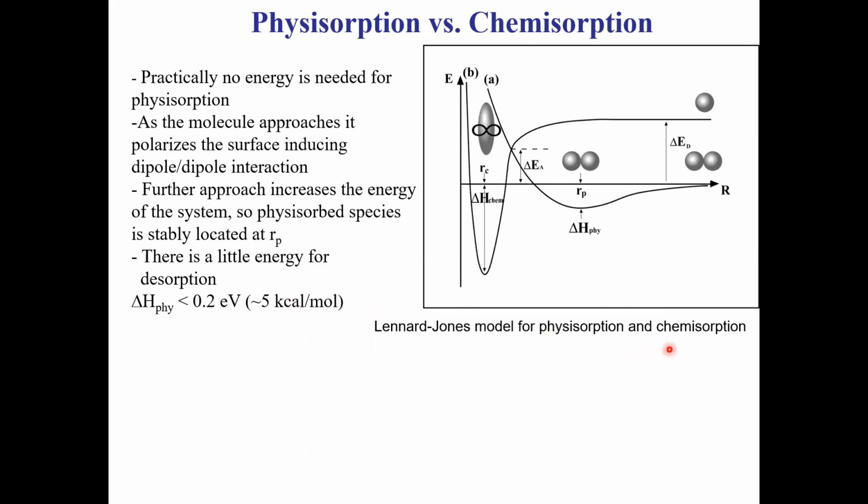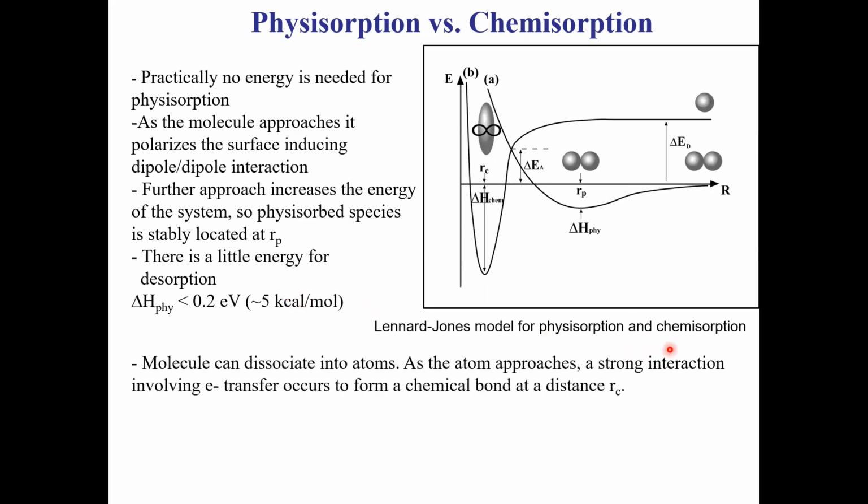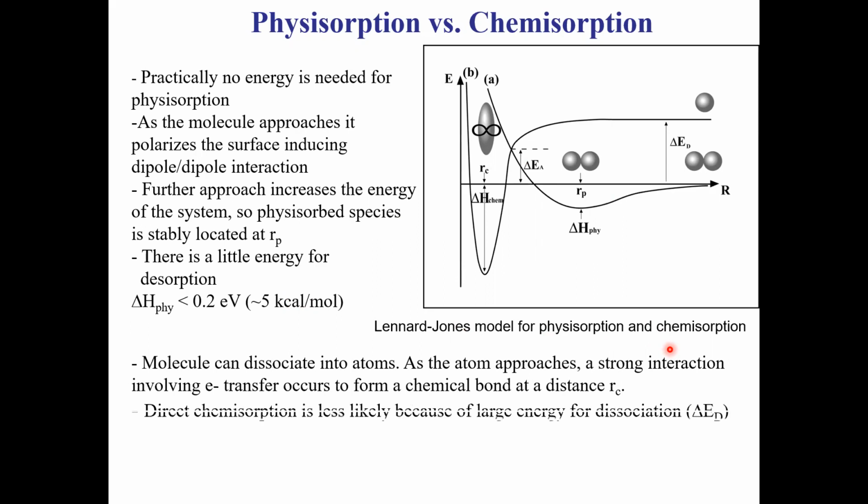On the other hand, chemisorption, the interaction between the gas molecule and the surface involves electron exchange. And it's a stronger interaction compared to physisorption. So you can chemisorb, and you can probably dissociate, provided the large energy of dissociation, into atomic oxygen or whatever the gas is.